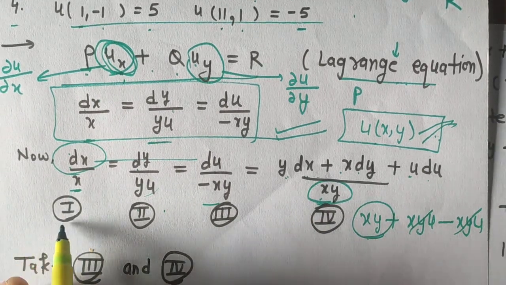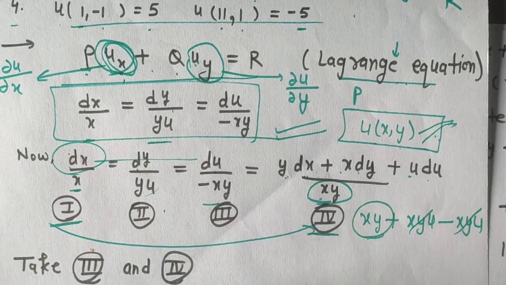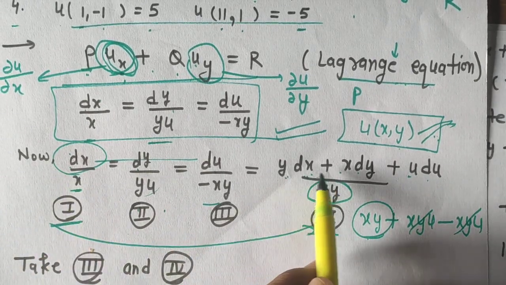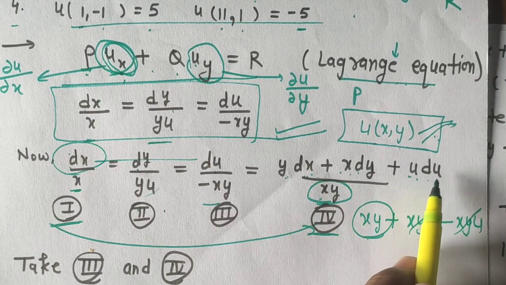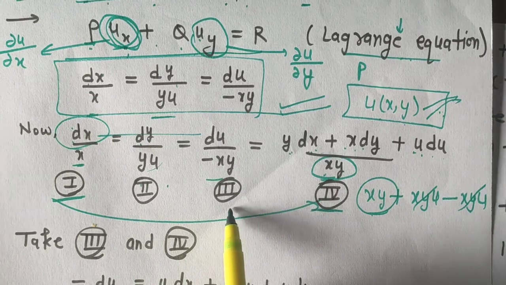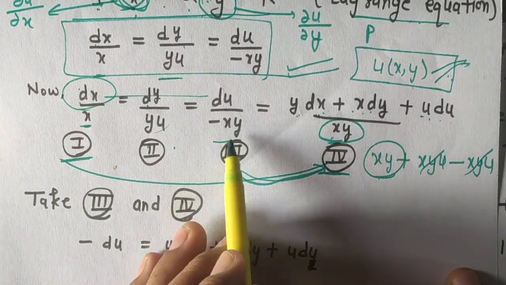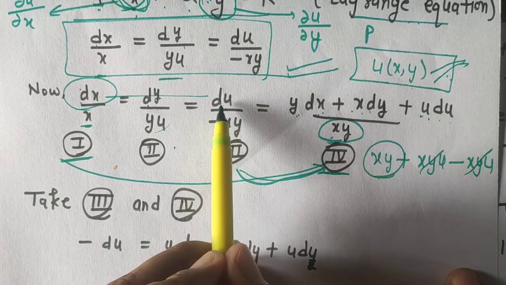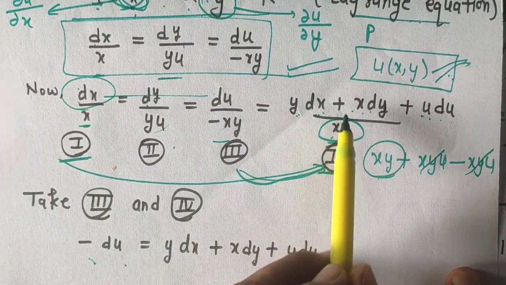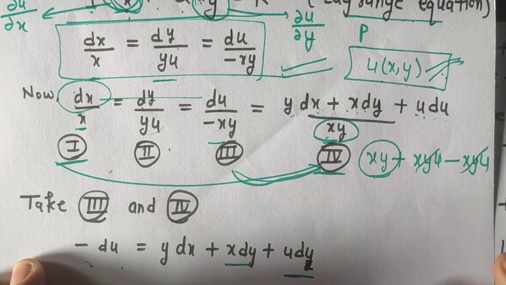If we take the first and the fourth factor, dx/x is equal to y dx plus x dy plus u du divided by xy. Sorry, first of all we can take the third and the fourth. The xy cancels, then this becomes -du = y dx + x dy + u du.